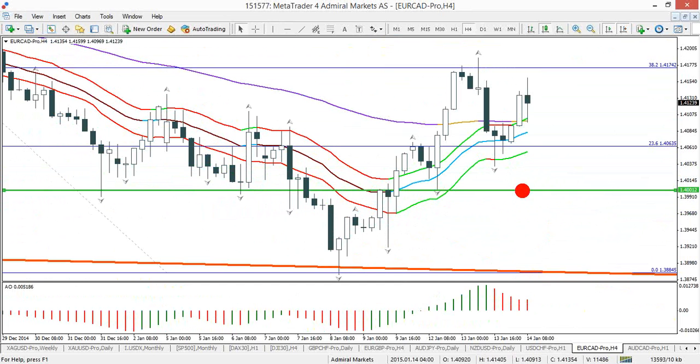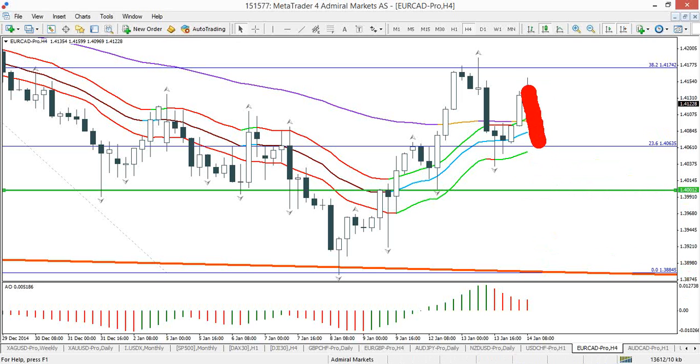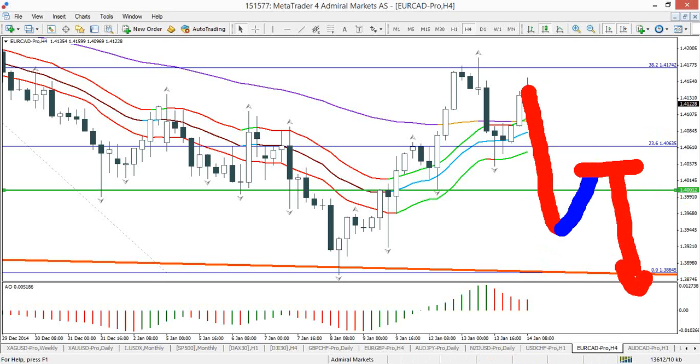Or the alternative could be to wait for a break and then place a fib from here to here and wait for a pullback to the 38.2 fib or something like that for a short. After it breaks through green though. So once again, break through the band, break through green, wait for the pullback, take short, hopefully price goes down, something like that.